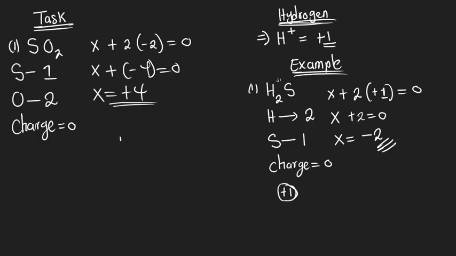Okay, let's do a task. Find the oxidation number of calcium in this particular compound. What is the oxidation number of calcium there? You also do for this one here.